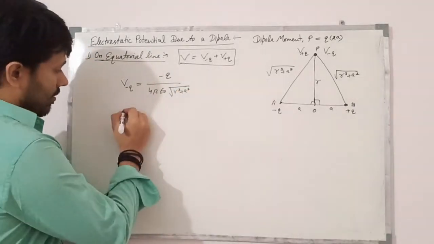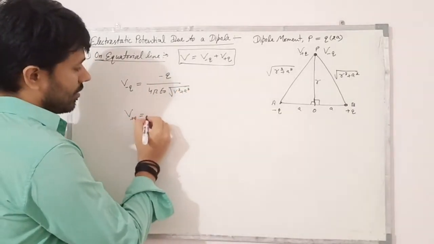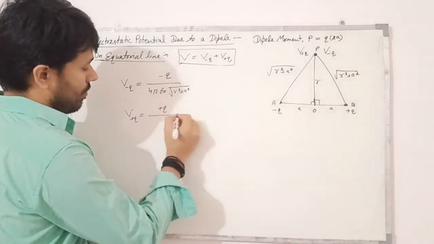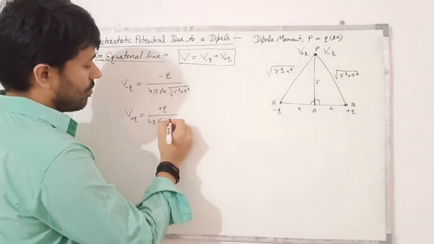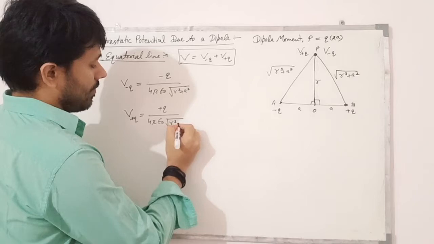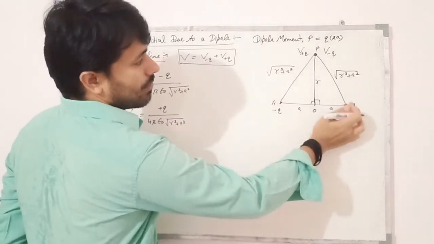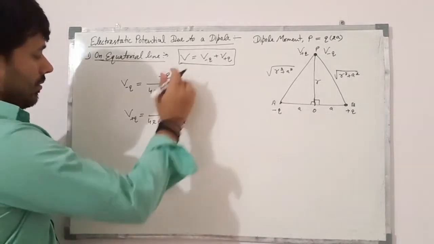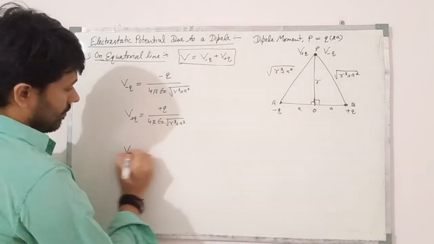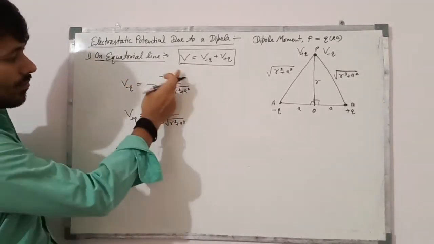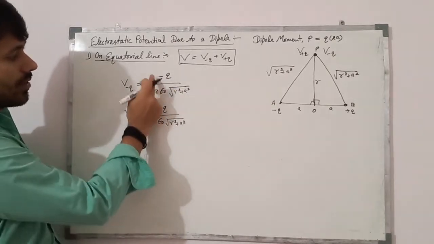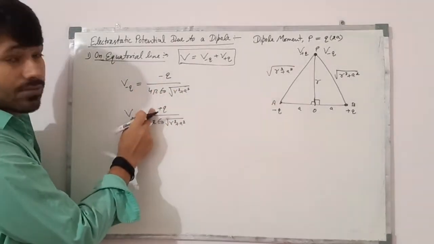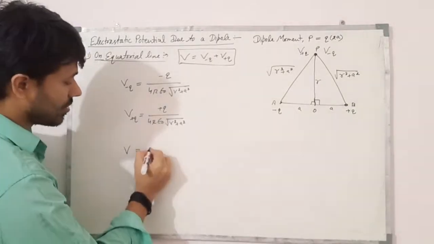Right? V plus Q is plus Q upon 4 pi epsilon naught, with the same R square plus A square, as BP is also the same. So for the net potential, we directly add them. Both are the same term, but one has a negative sign and one has a positive sign, so adding them gives 0.